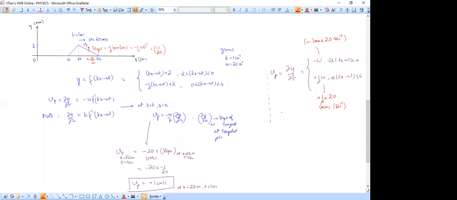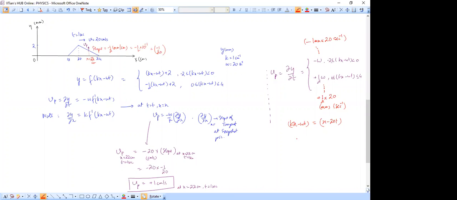Okay. So you can see that kx minus omega t is actually, k's value was 1, so it is x minus 20t. It's like this.